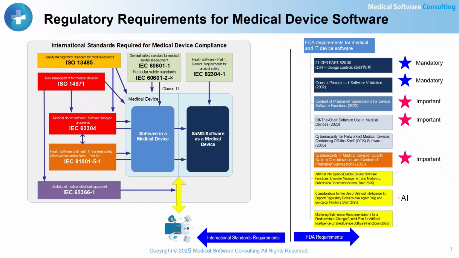More recently, new draft guidances have been issued that address artificial intelligence-enabled software functions. Overall, this diagram highlights how international standards and FDA requirements together define the regulatory framework that medical device software developers must follow.